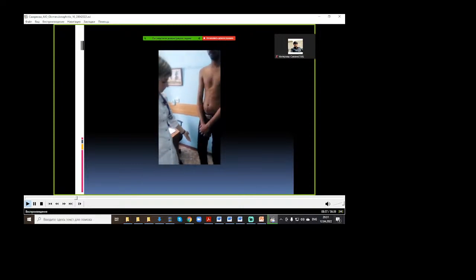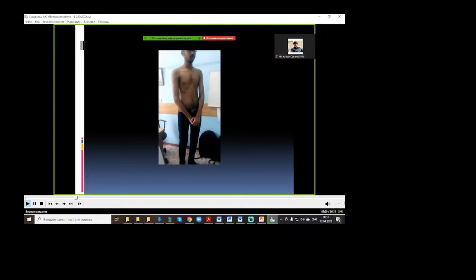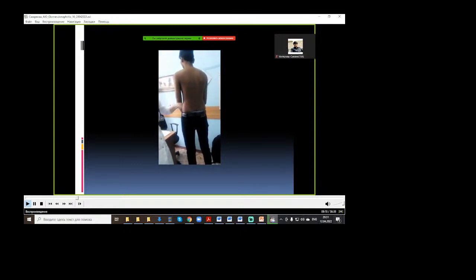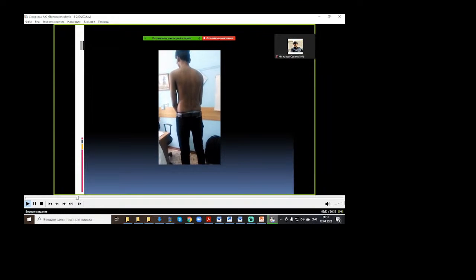There are no traces, no edema. The same as the legs. So in this case, our patient has no edema. And what about the lumbar region? Where is the localization of the lumbar region and kidneys?